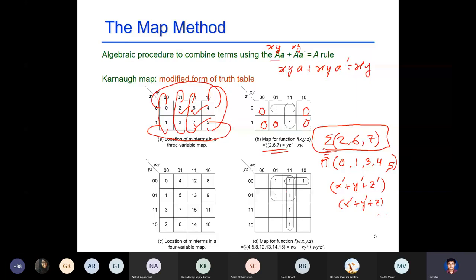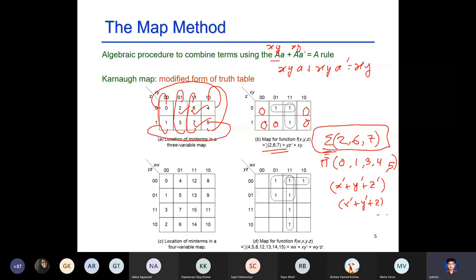So what we want to do is find out so-called cubes which enclose these true minterms, or a set of cubes which covers these true minterms.